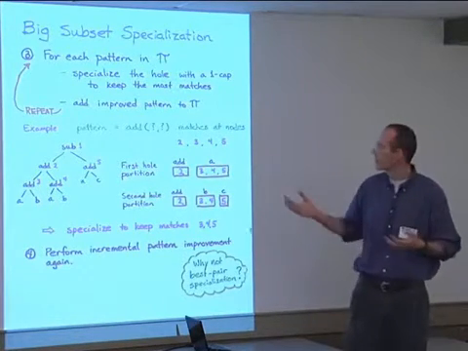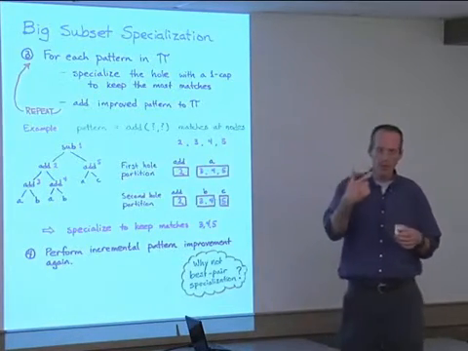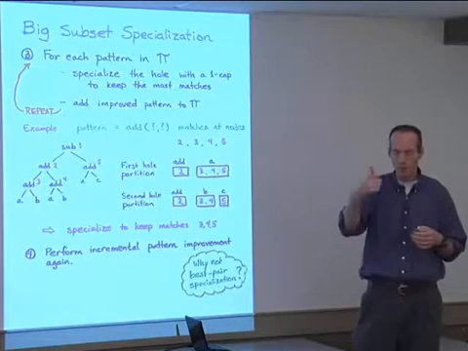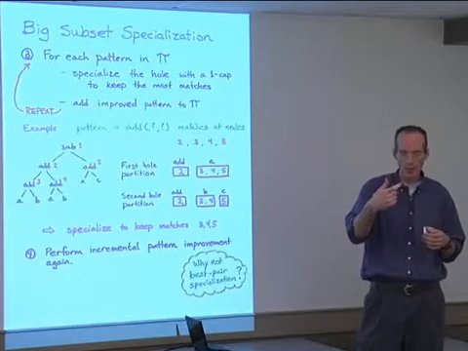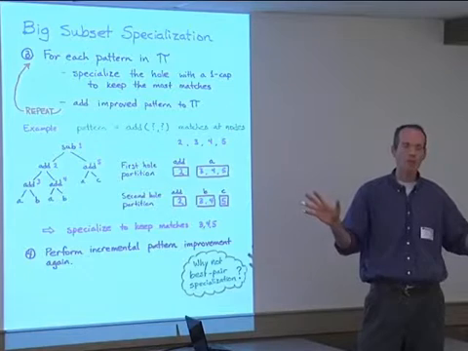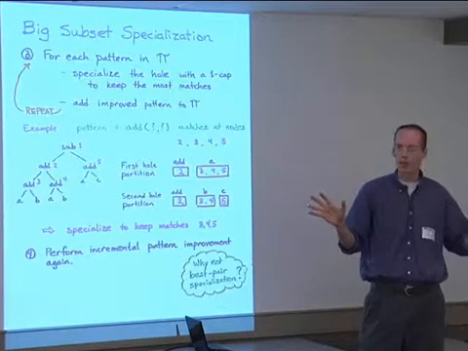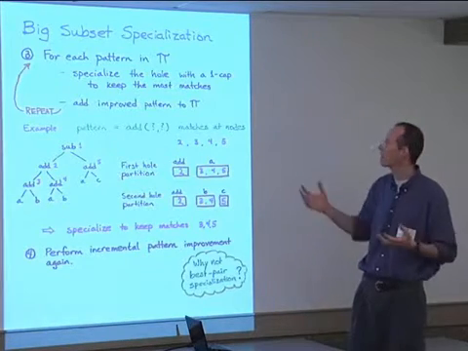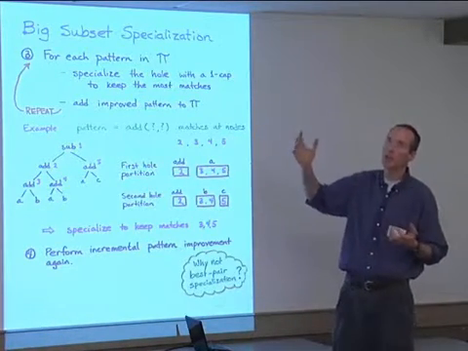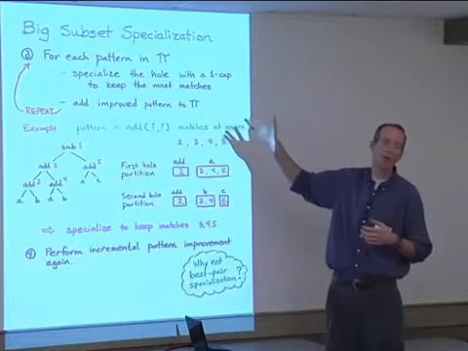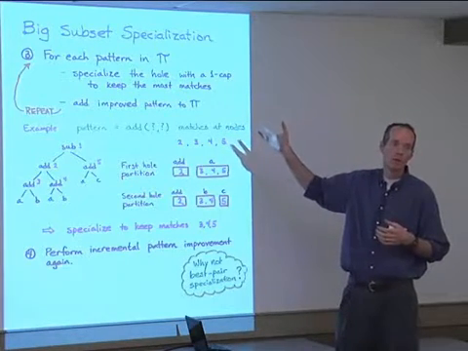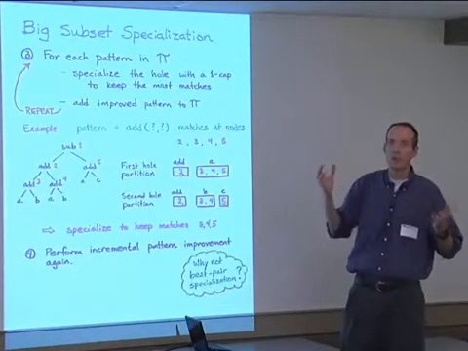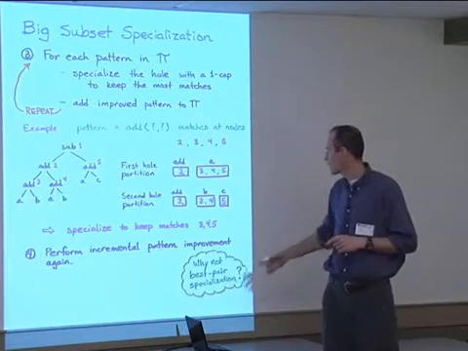The problem here is that when I start with these little 1-cap patterns, the number of matches that I get is humongous. And so I can't afford a quadratic on any of these. I can't afford quadratic best pair specialization on most of these patterns. And so I can't do this.